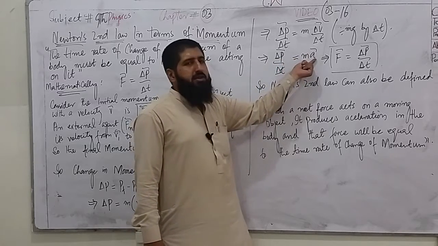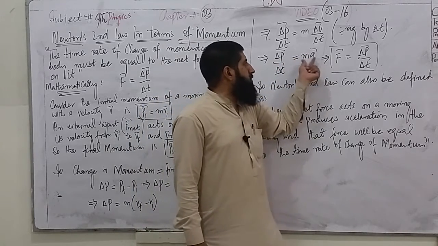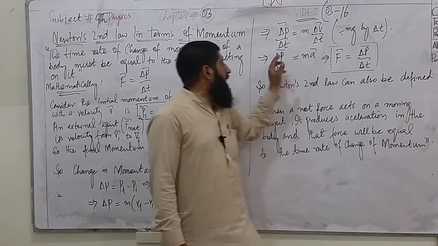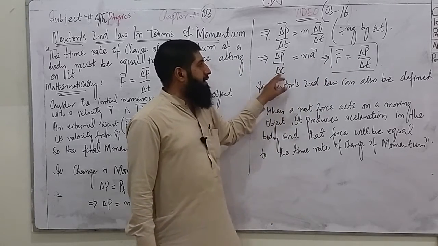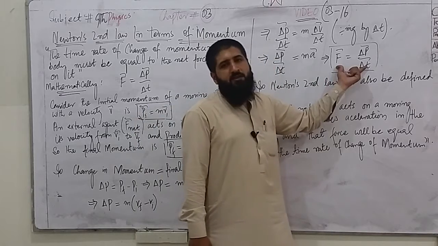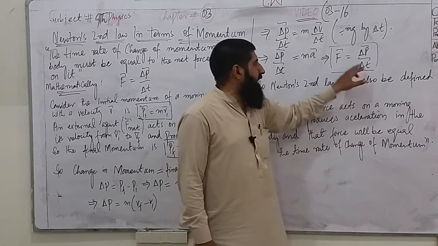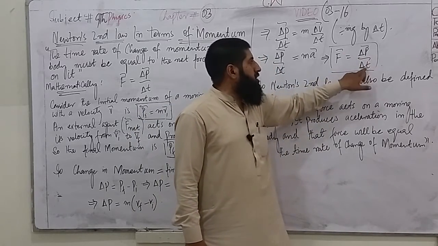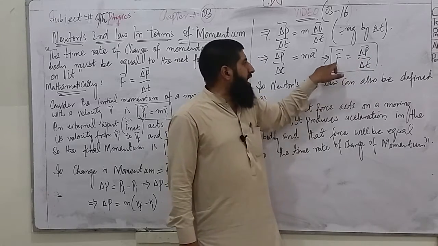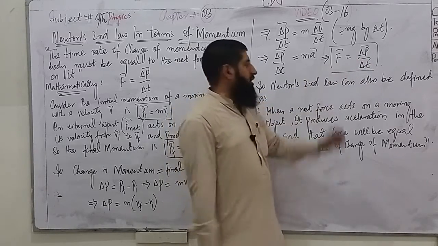So according to Newton's second law, this equals ma equals F equals delta p divided by delta t. So we got this mathematical equation, which means that the time rate of change of momentum will be equal to the net force acting on that particular object.